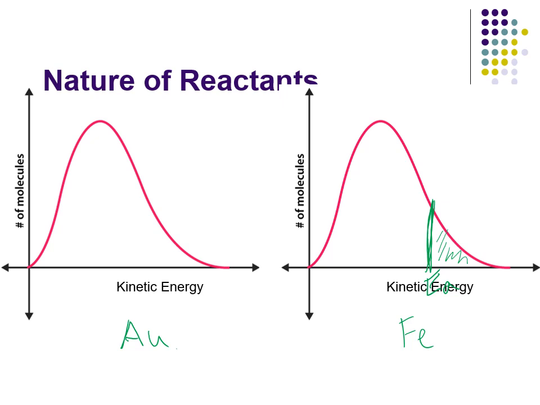Now gold could also oxidize, but its activation energy might be much higher for that to happen. So very few of them will have the necessary energy in order to do that. So essentially, when you're looking at nature of reactants, you have to consider two different situations. They're two different substances, and so they would have different requirements to do a particular process like oxidize.